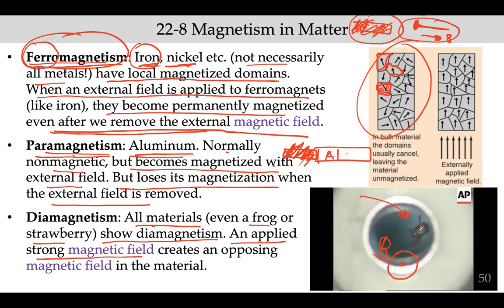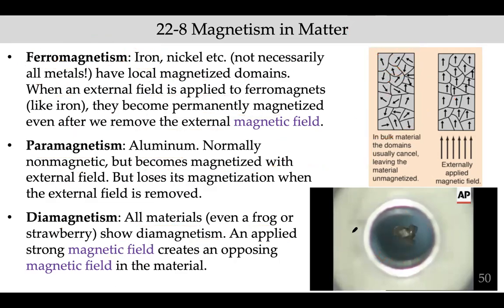The frog will create its own magnetic field into the page. The interaction of those magnetic field lines makes the frog hover in air. The frog here hovers in air, and by the way, it's alive and not affected. This effect happens because of diamagnetism.